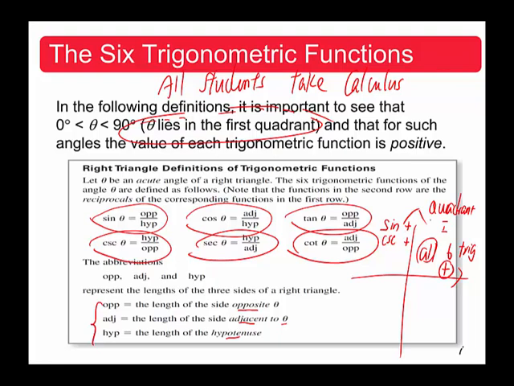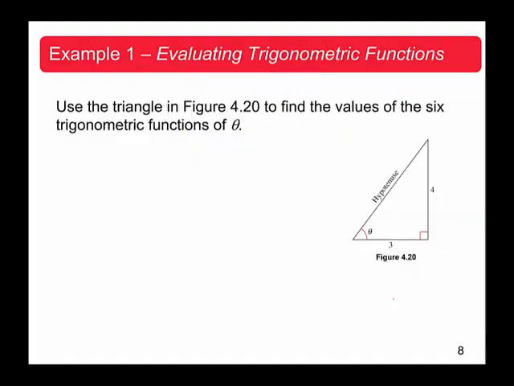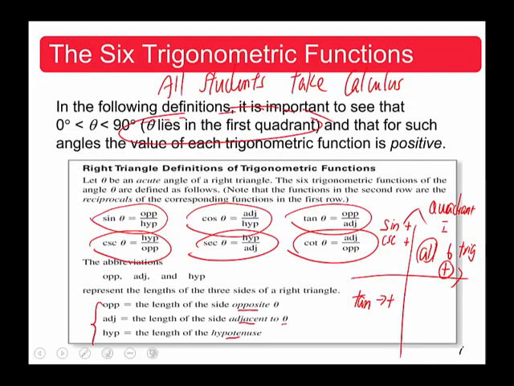In the third quadrant, T represents tangent being positive. If tangent is positive, then cotangent is also positive. And in the last quadrant, cosine is positive.